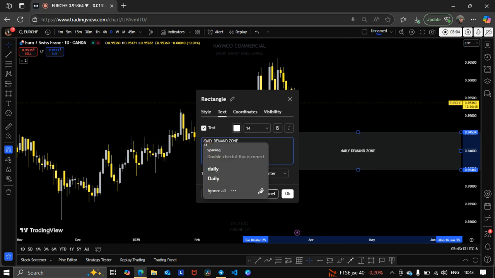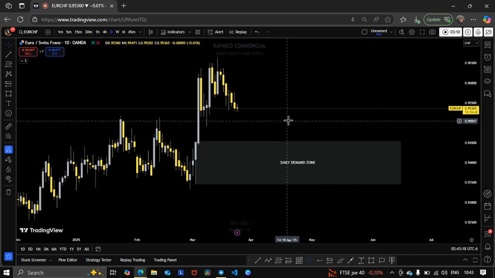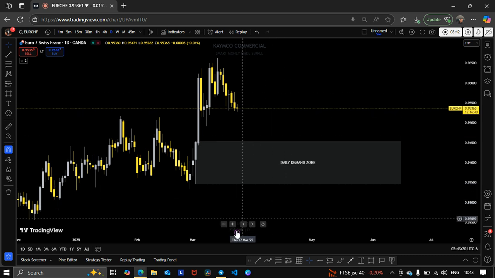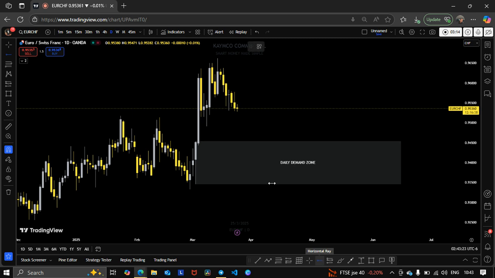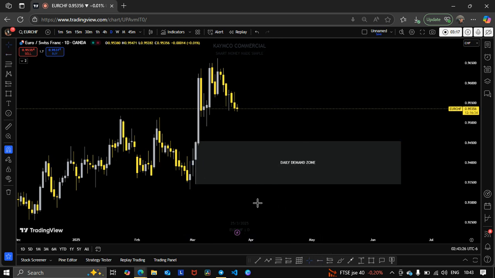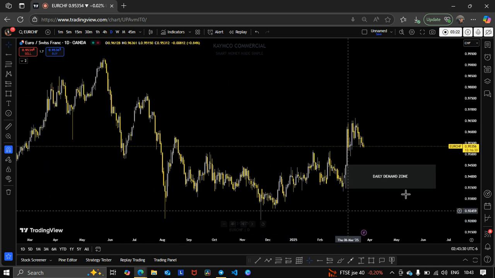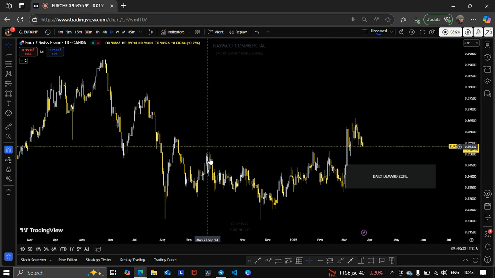Okay, let me just fix this. I didn't realize caps lock was on, but yeah. So this is our daily demand zone. So this is the most anticipated demand zone that must be taken into consideration. I'm not familiar with how to hide this for a certain time frame.